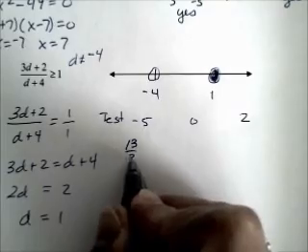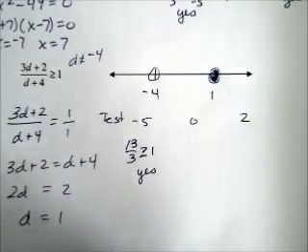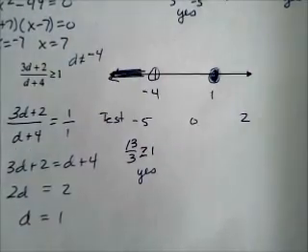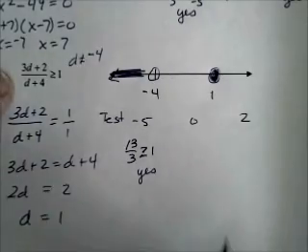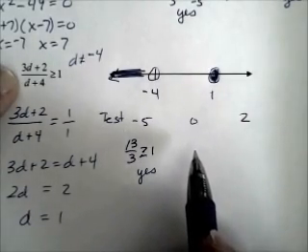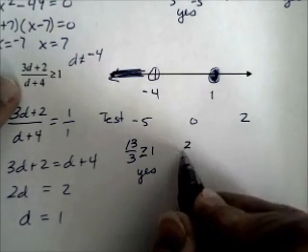Is 13/3 greater than or equal to 1? Yes, it is. So we shade this section of our number line. When I put 0 in here, I think it'll just be easier to do this by hand. 3 times 0 is 0, plus 2 is 2. So that's 2/4.